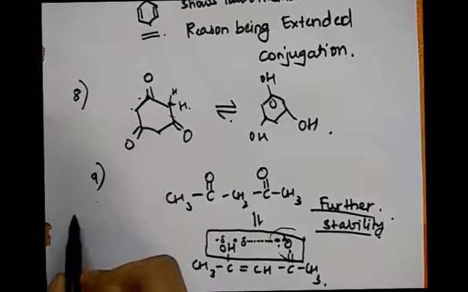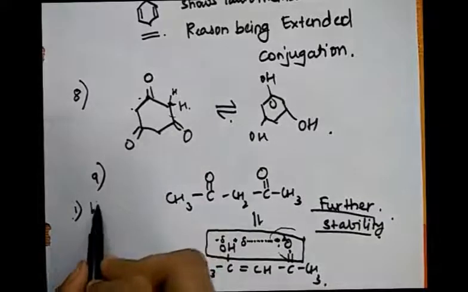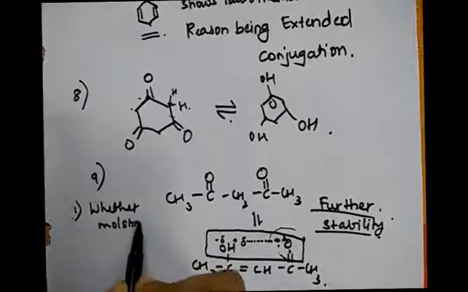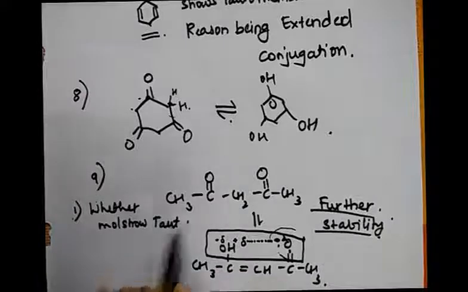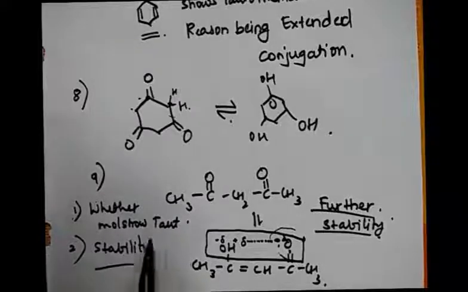So the questions that can be asked related to this are, first one, whether or not the molecules show tautomerism, and the second type of questions, the stability of the tautomers. If they show tautomers, which of them are more stable? These two types of questions will be asked.